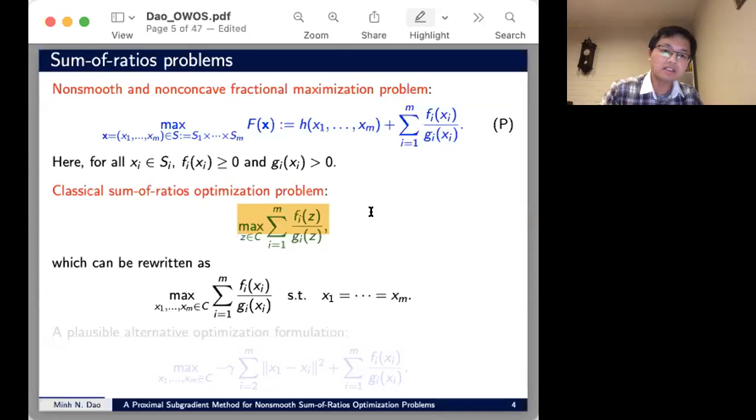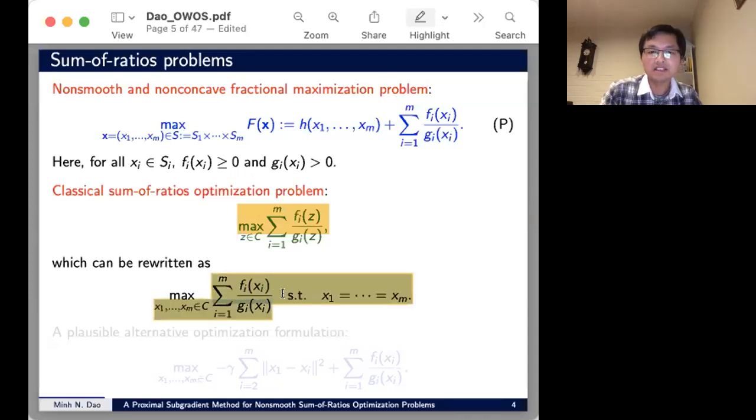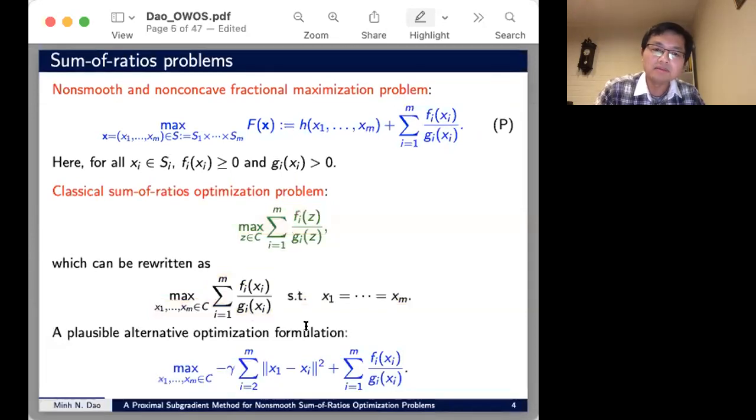But we know that this problem can be written as the sum of separable ratios with an additional constraint, and as a result, we obtain an alternative optimization formulation of the classical sum of ratio problem.